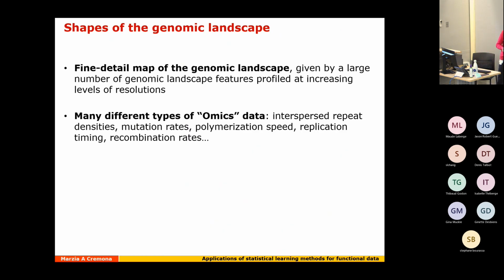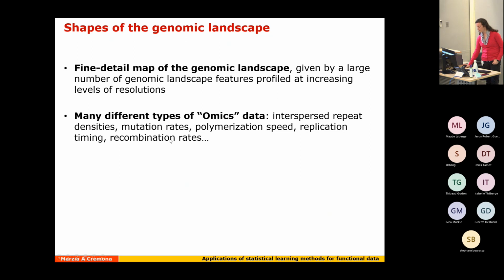So by shape of the genomic landscape, I mean that we can use genomic features to have a detailed map of the genomic landscape. So basically, we can look at different features at high resolution along the genome and put all the different omics data together. So we can have many different types of omics data.